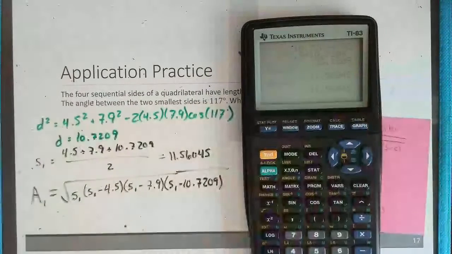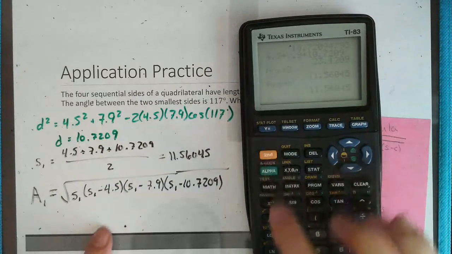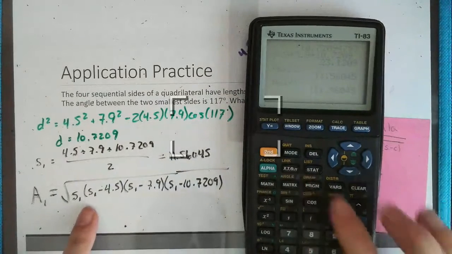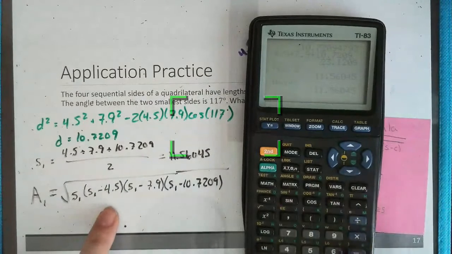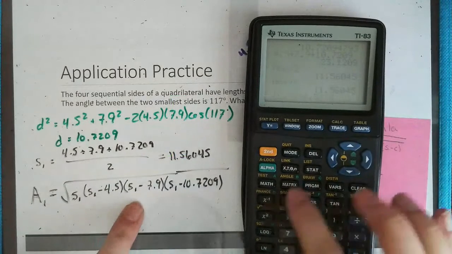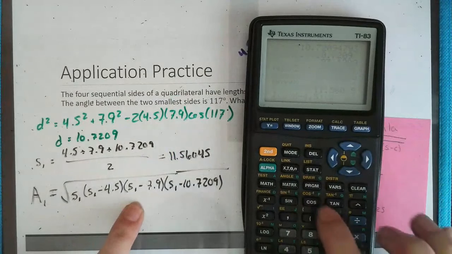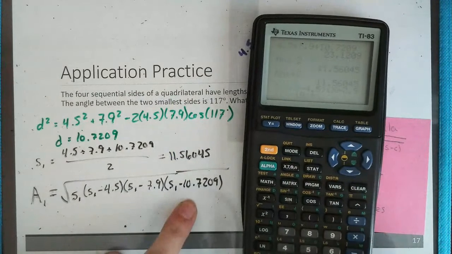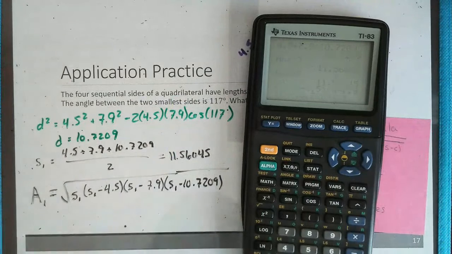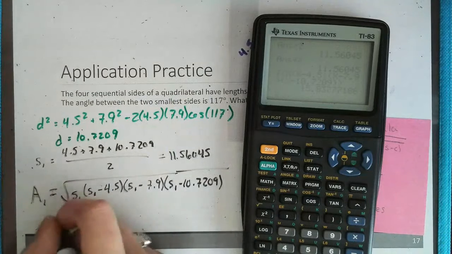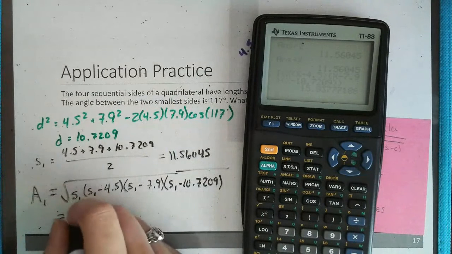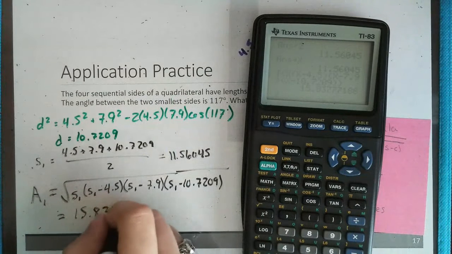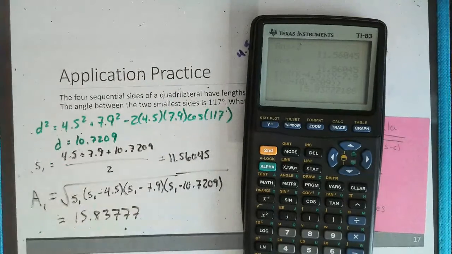Now I don't have to type 11.56045 each time because that's x in my calculator. So I want to take the square root of x times x minus 4.5 times x minus 7.9 times x minus 10.7209. That should give me the area of my first triangle. The area of triangle 1 is 15.83777.